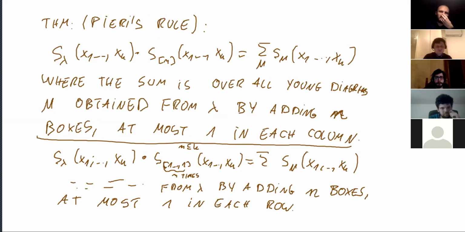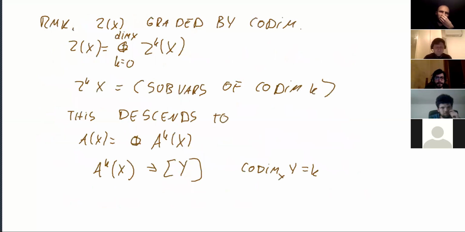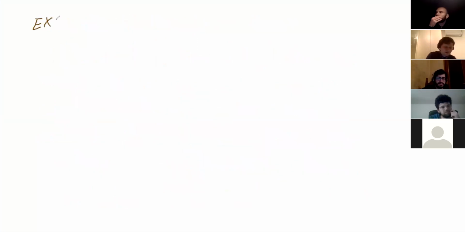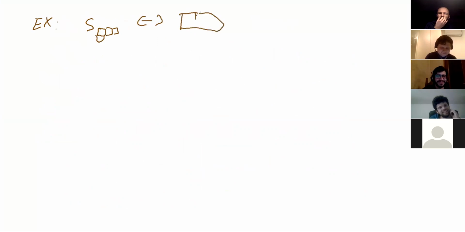Okay, so an example. And because Alessio is very unhappy when I make small subscripts, I will sometimes, instead of doing this, just write this. Yeah, that's much easier to see. Okay, so currently I'm multiplying Schur polynomials, although I am not using s.